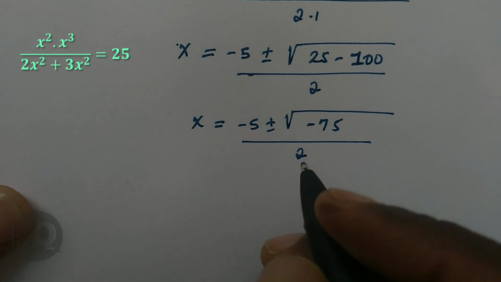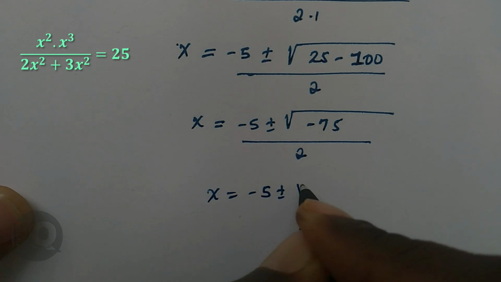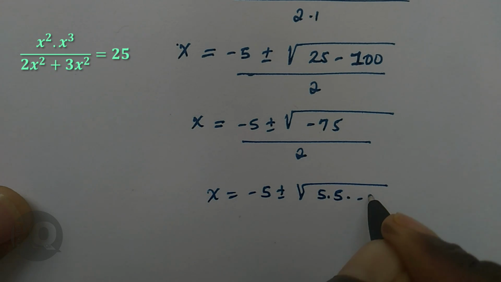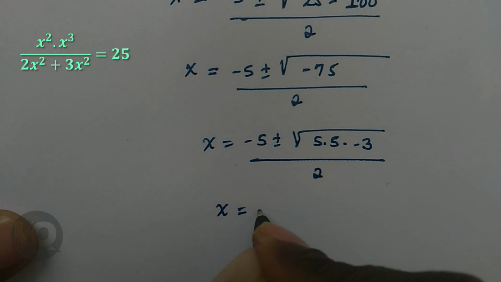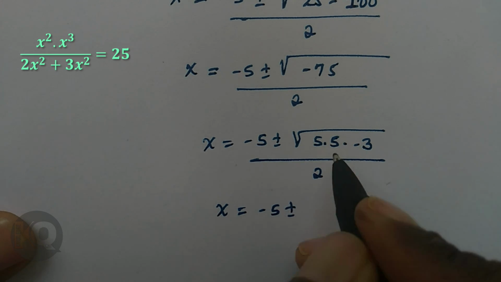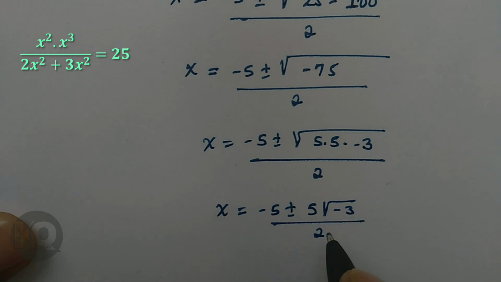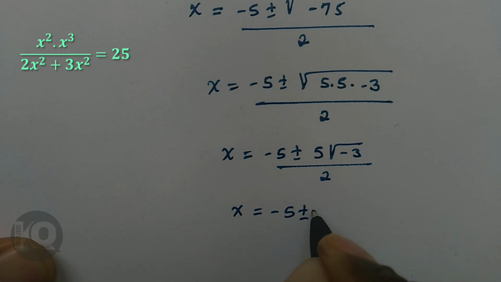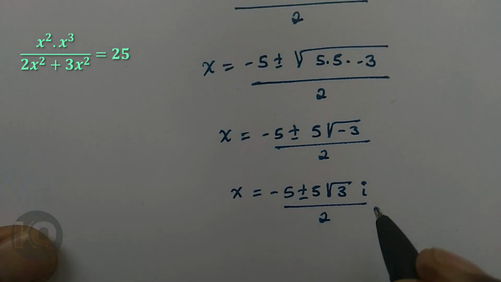So from here, x is equal to minus 5 plus or minus the square root of 5 times 5 times minus 3, divided by 2, or x is equal to minus 5 plus or minus, this is 5 squared, so 5 times the root of minus 3, divided by 2.